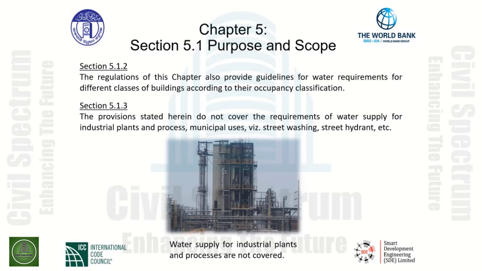Now, Section 5.1.3 gives us the requirement for the provisions stated herein do not cover the requirements of water supply for industrial plants and processes, municipal uses, street washing, street hydrant, etc. So again, the water requirements are not covered for those specific operations and functions and buildings as well.